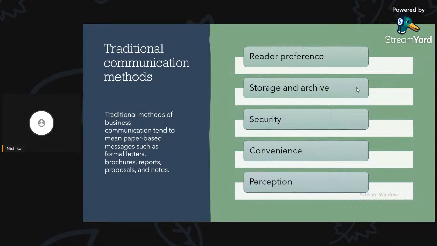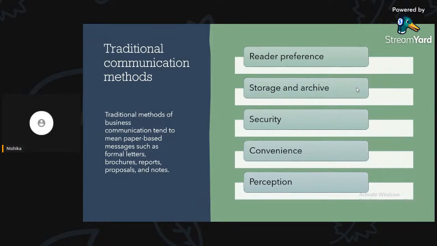So let's see what the traditional communication methods were, what their advantages and disadvantages were, and why we switched to the modern communication method, that is, by making use of technology in business communication. Traditional methods of business communication tend to mean paper based messages such as formal letters, brochures, reports, proposals, and notes.